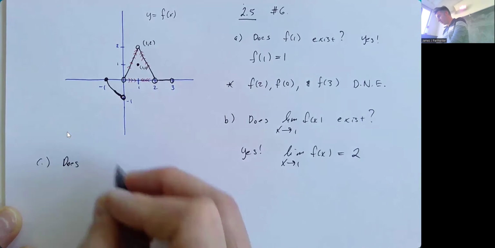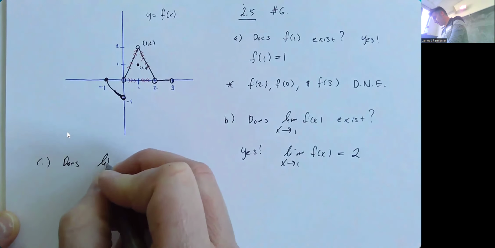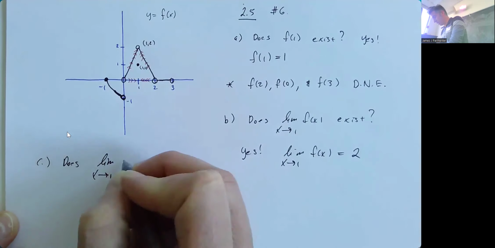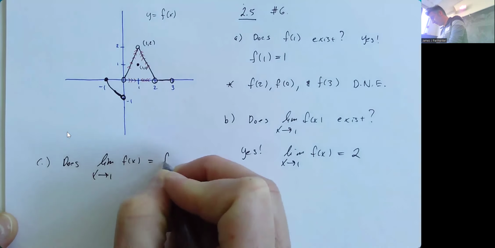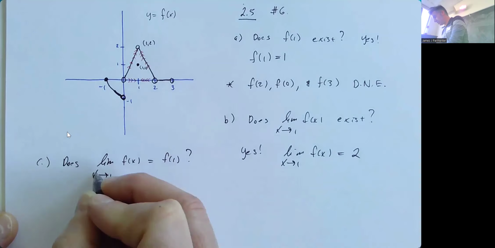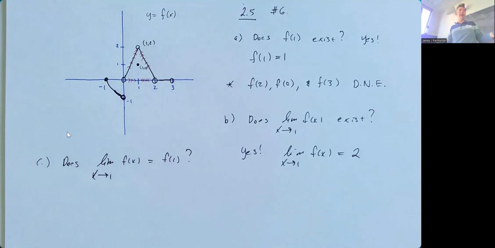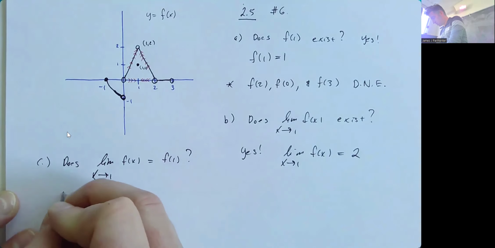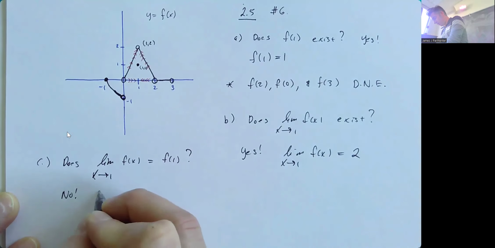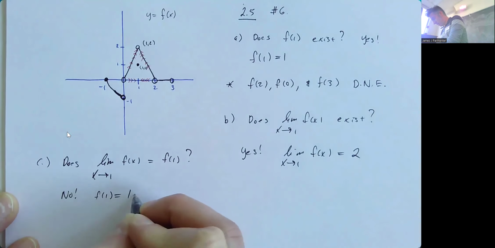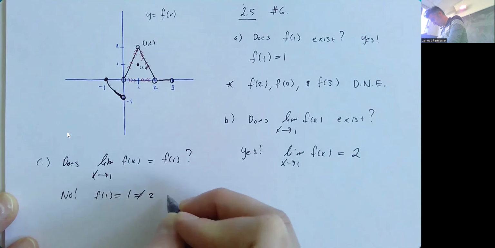But we're about to have a no, because the third question is, does the limit as x approaches 1 of f of x equal f of 1? And the answer is obviously no. Look at parts A and B. F of 1 equals 1, and that is not the same as 2, which is equal to the limit.